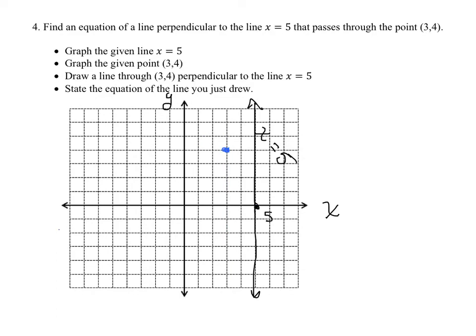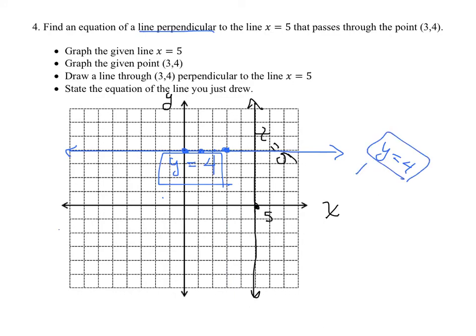Now we're going to draw a line perpendicular. So that's this way. Yay, there it is. Now we're going to get that equation. So what is the equation? Well, every single point along this line, y is equal to 4. So there we have it. There's my new line.